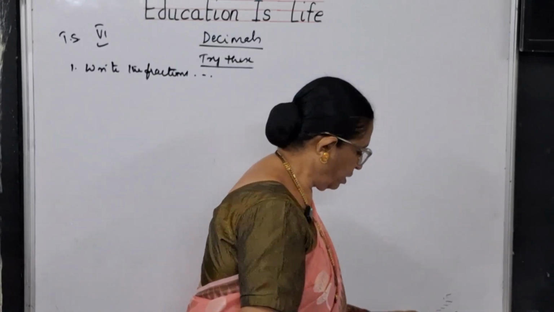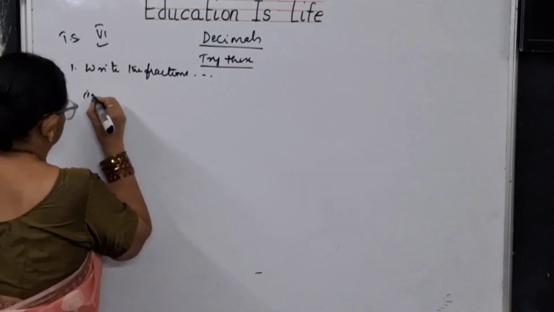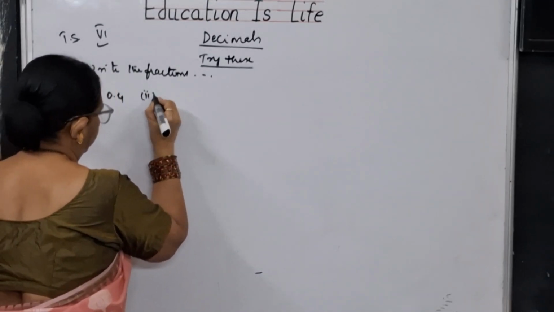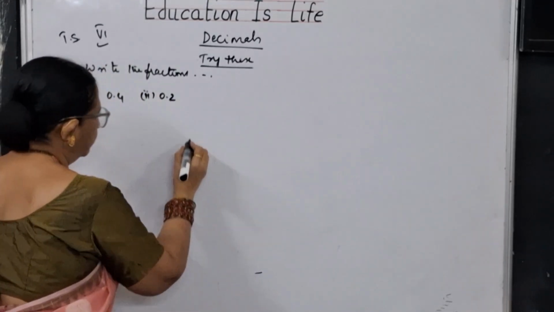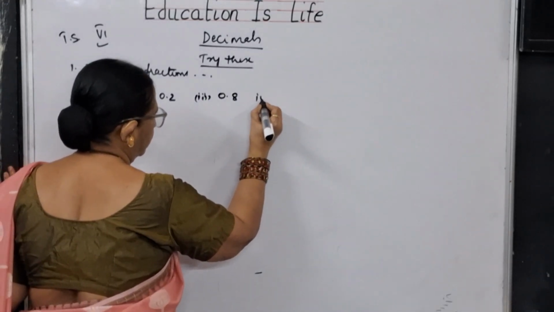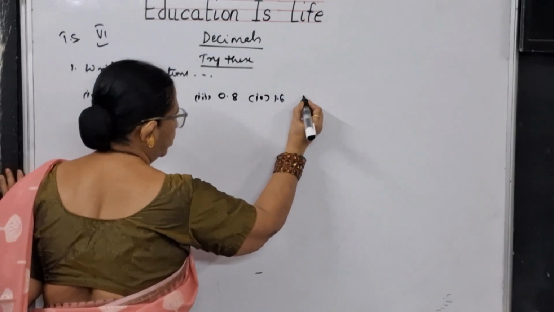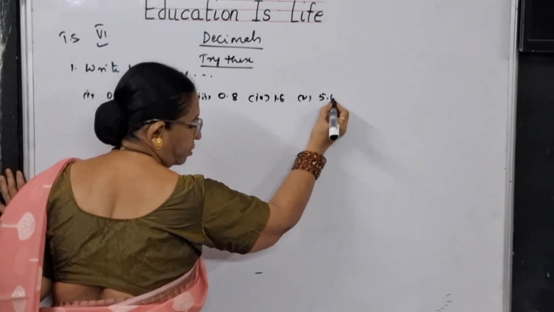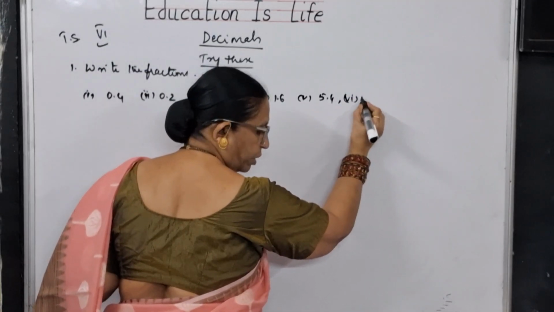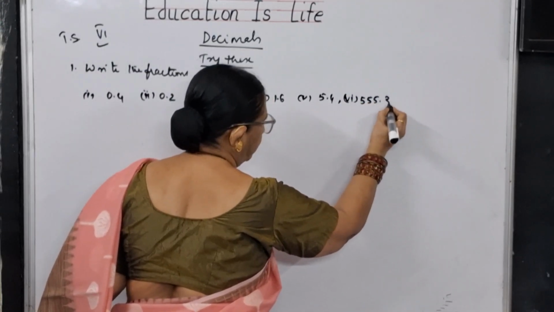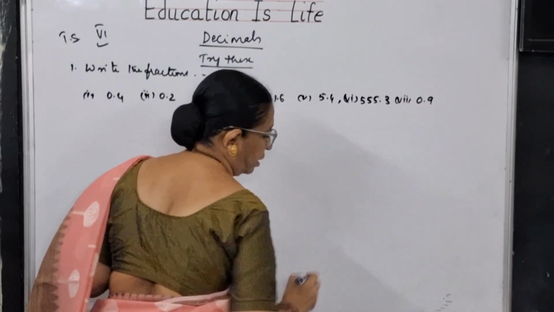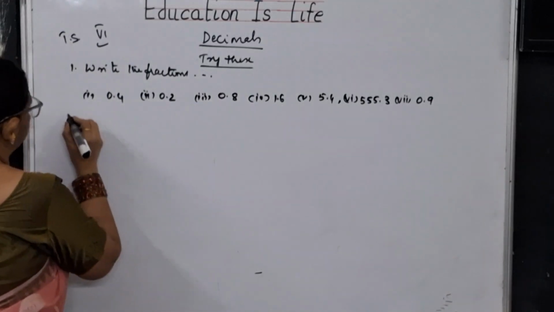The first is 0.4, second is 0.2, third is 0.8, fourth is 1.6, fifth is 5.4, sixth is 5.3, and seventh is 0.9.